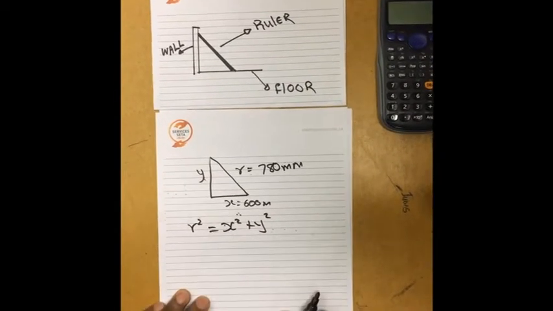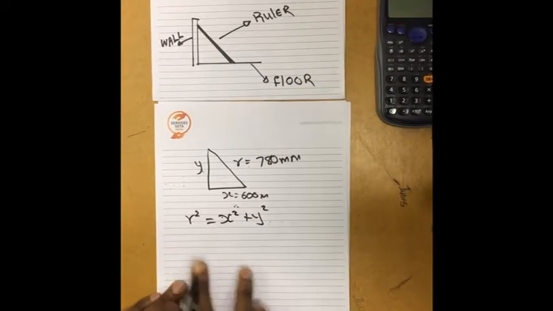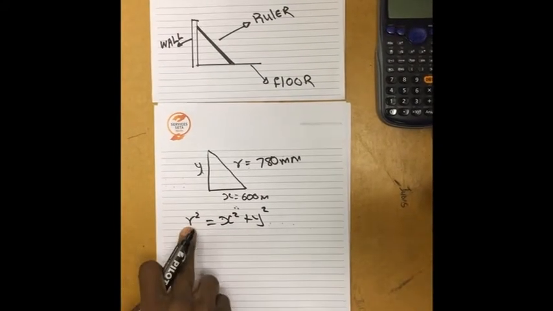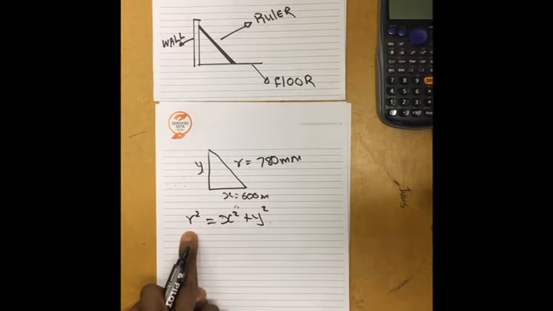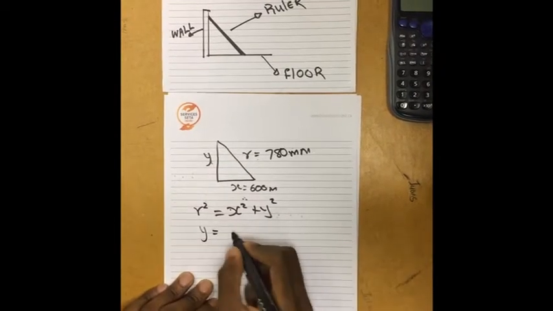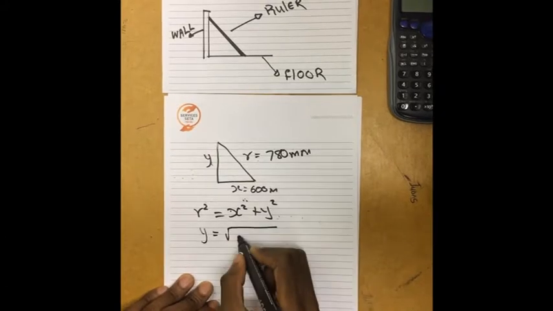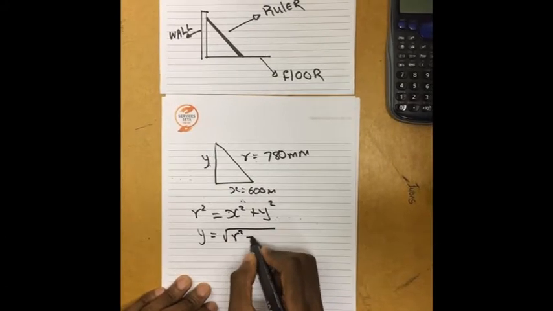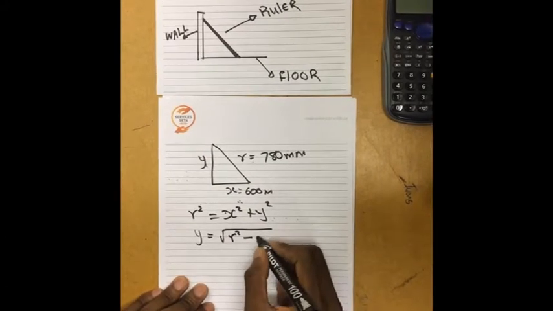Substituting the values of x and r, we get y equals the square root of r squared minus x squared.